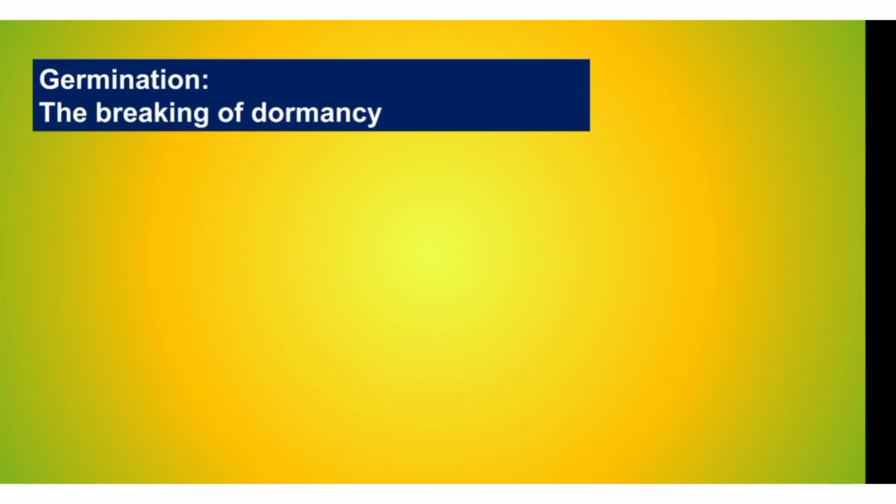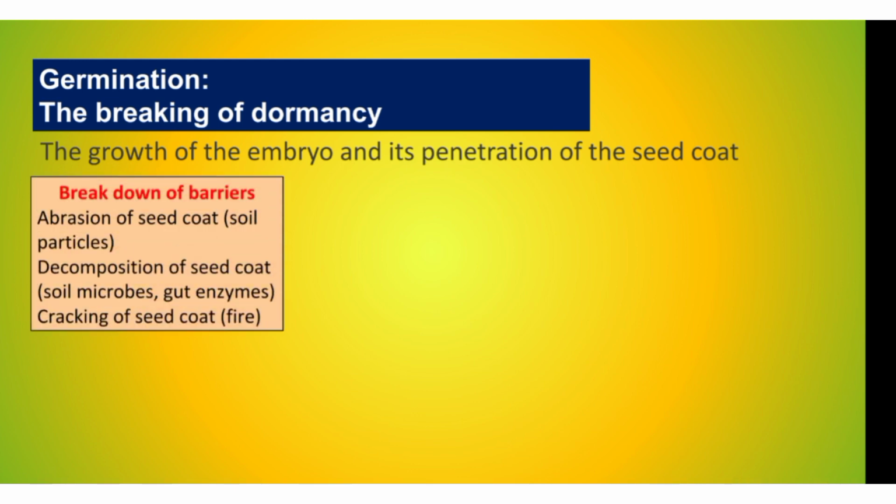For germination, there is the breaking of dormancy, the growth of the embryo and its penetration of the seed coat. So we have the breakdown of barriers: the abrasion of the seed coat, decomposition of the seed coat with the help of soil microbes and gut enzymes, and cracking of seed coats by the use of fire.